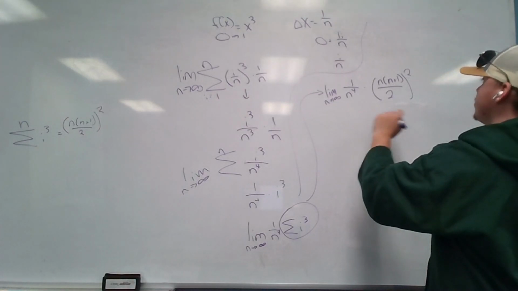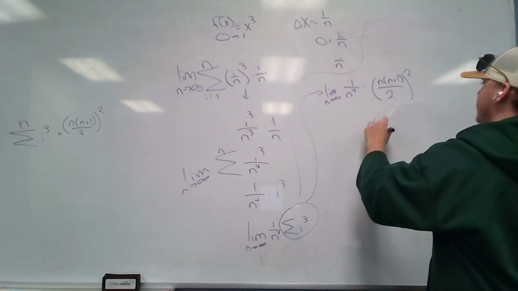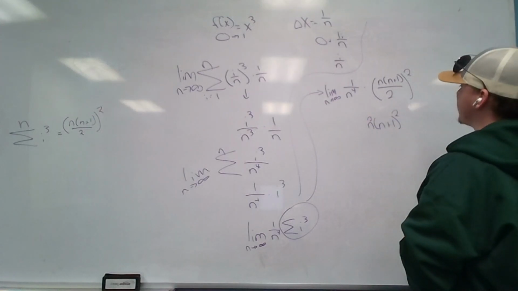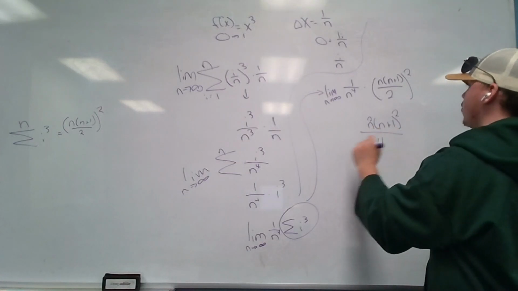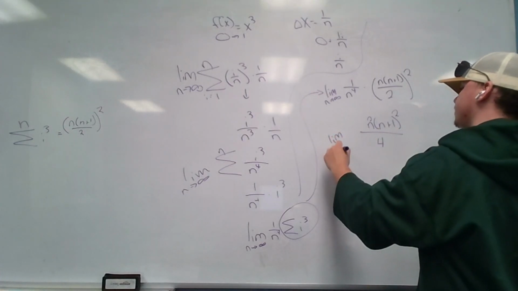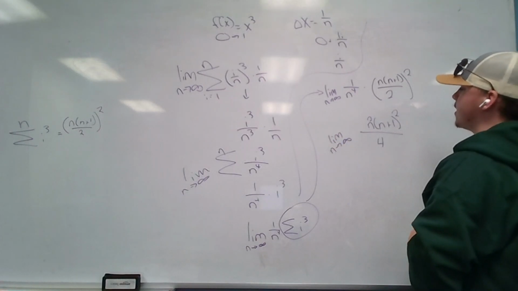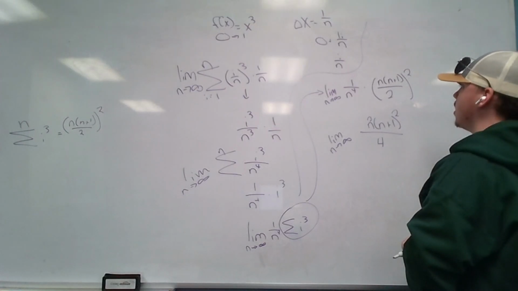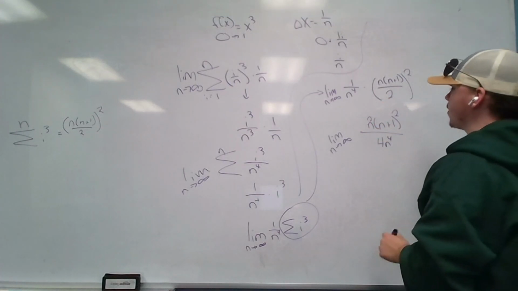So let's do the top. It's going to be 1 times n times n plus 1, squared. Square both of those. Can I do that? Yes, I can. And then that's going to be over 4. Oh yeah, I forgot, 4 in the fourth.